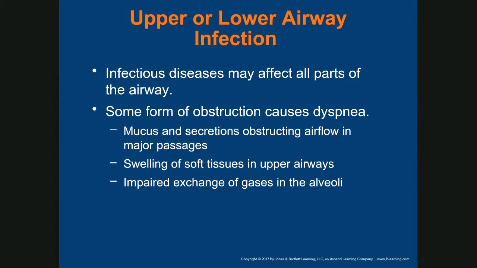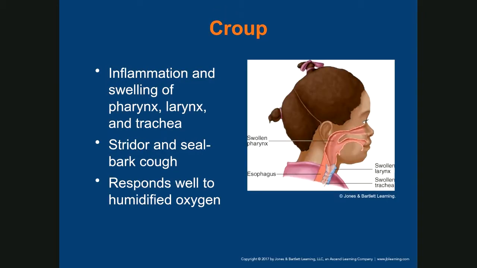And the first one we're going to look at is croup. So this is inflammation or swelling of the upper airway, right? Common in your pediatric population. It will cause a mild fever because it's a viral issue. So the fever will not be high.